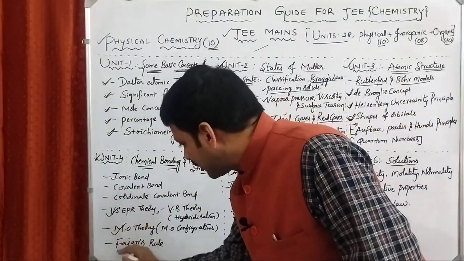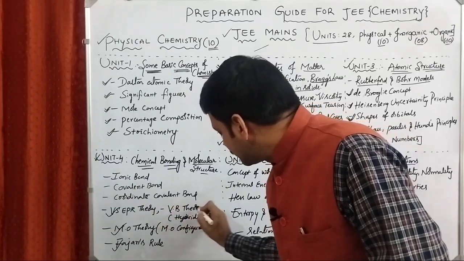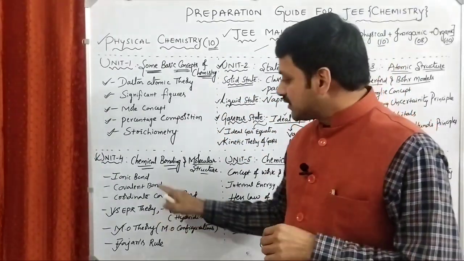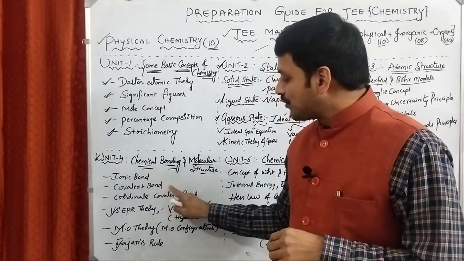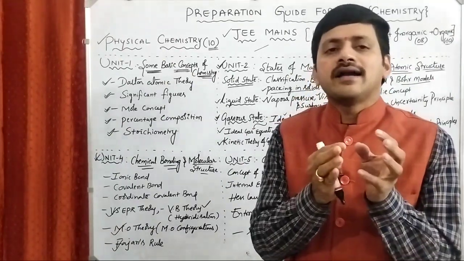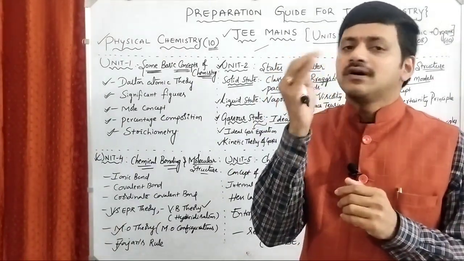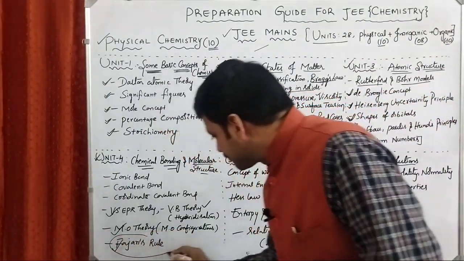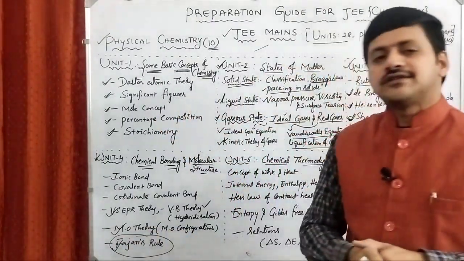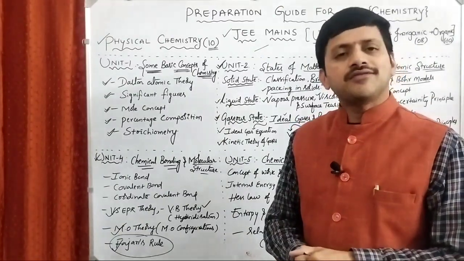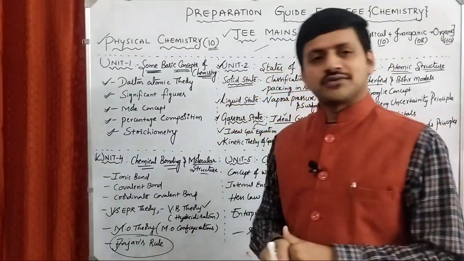We all know the ionic bond, covalent bond, and coordinate covalent bond. You should have a complete idea of the types of bonds, right? Here is a small topic commonly called Fajan's rules. There might be a chance that one or two questions may come from Fajan's rules also.